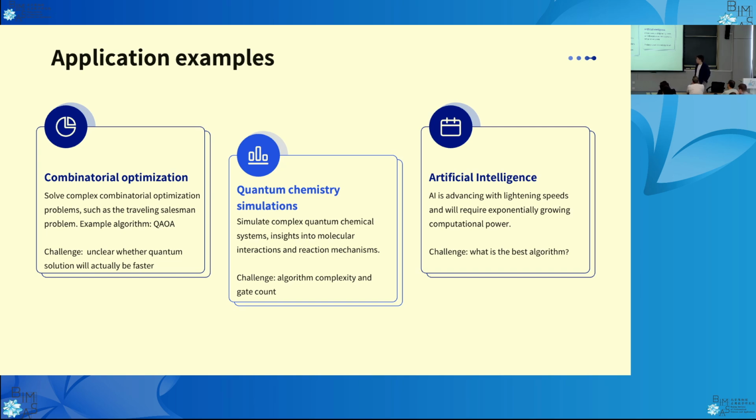Some of them are near term, such as combinatorial optimization. Example algorithms include the quantum approximate optimization algorithm, basically trying to solve graph optimization problems, such as traveling salesman, with approximate quantum algorithms.